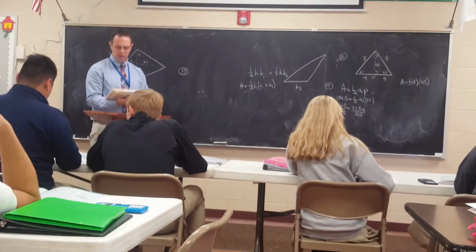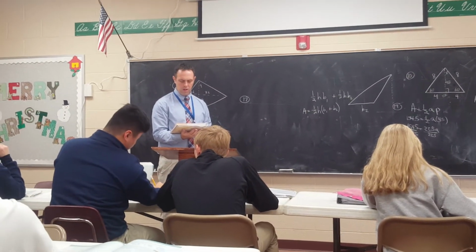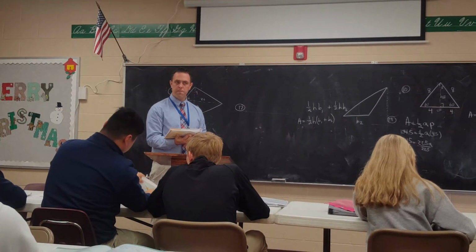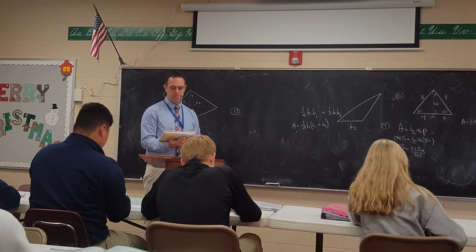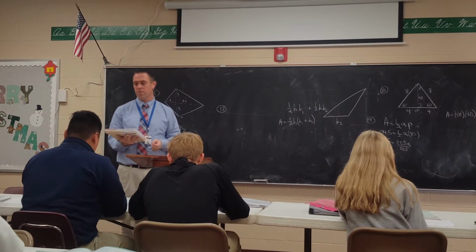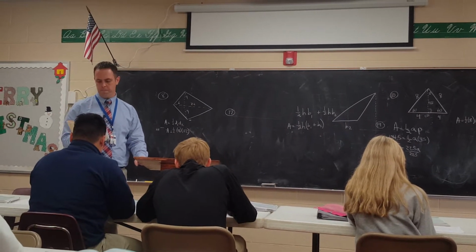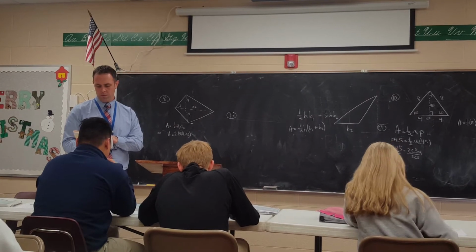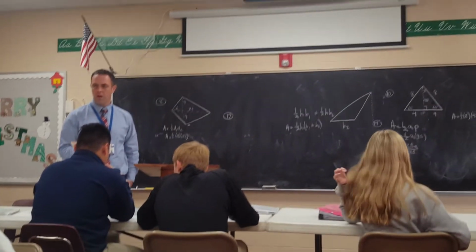Oh, how did you do it? What did I do? Well, I did it in my head. Oh, I know how to do it. So I divided 500 by 4. Okay.